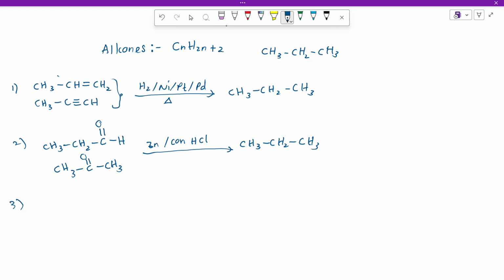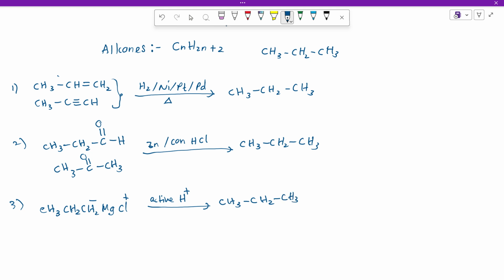Number 3, a Grignard reagent is a structure like this: CH3CH2CH2MgCl, with positive and negative charges. If we add active H plus, finally you'll get the same alkane which we got before.